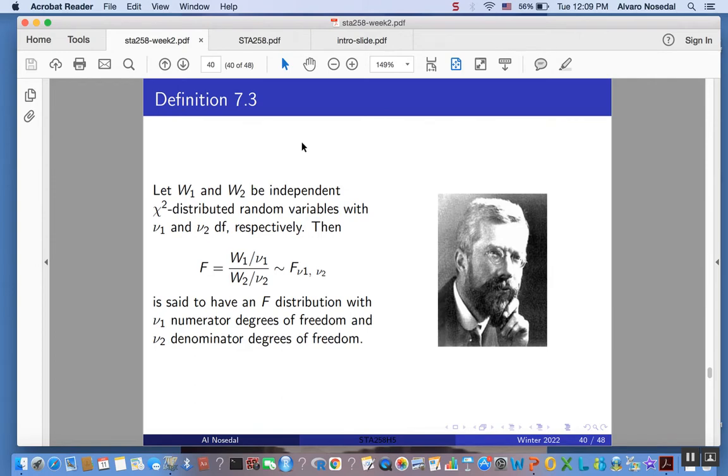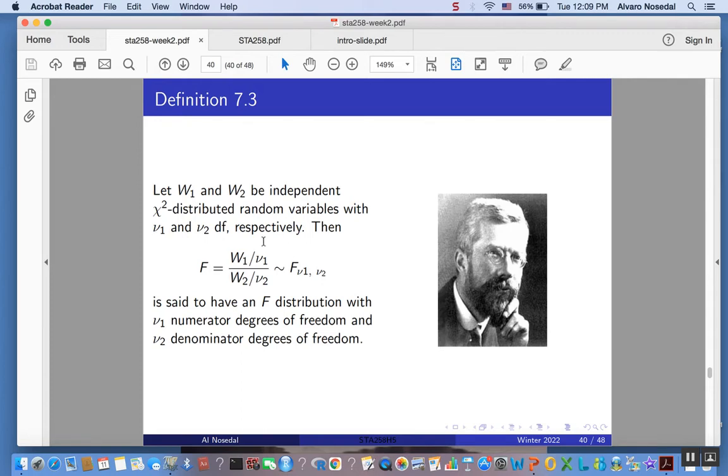So here's the definition of an F distribution. The ingredients that you need to construct an F distribution are two independent chi-square random variables. We're going to denote the first of them by W1 and the second of them by W2.